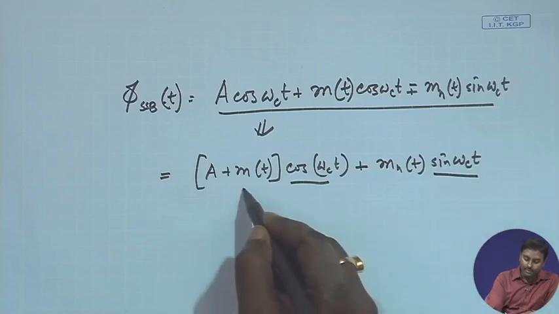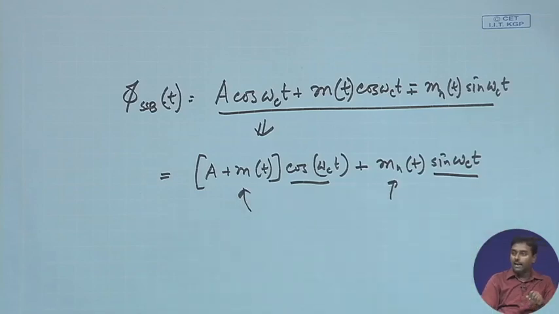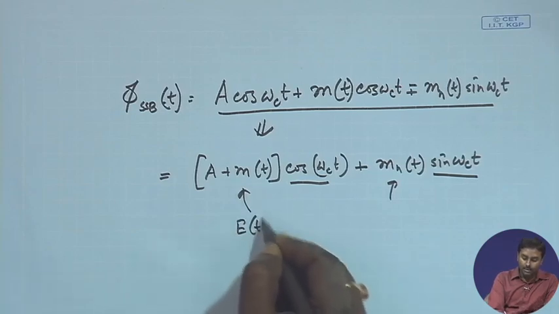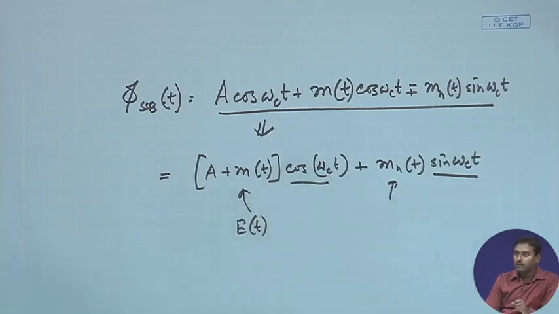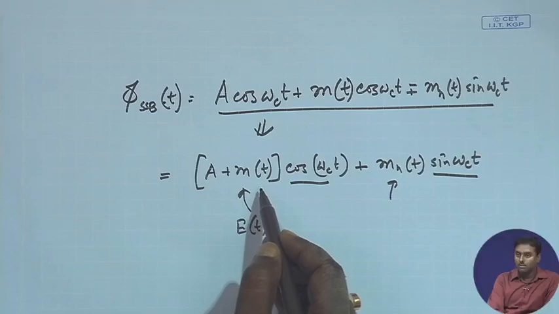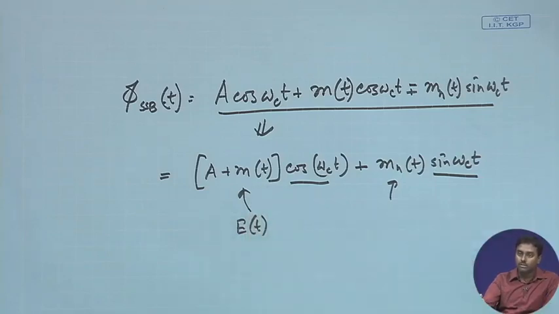I can represent these two terms as another amplitude, let us say E(t), into, let us say, cos theta(t), whatever phase that is, that might have some frequency term, phase term, whatever it is, overall phase. If I just say theta(t), I can always write that this is my E(t) cos theta(t), and this is my E(t) sin theta(t).